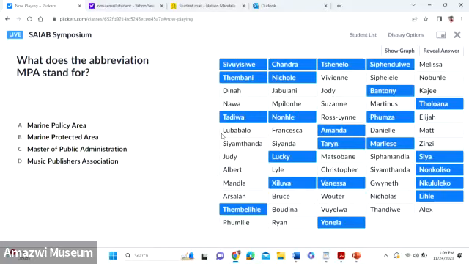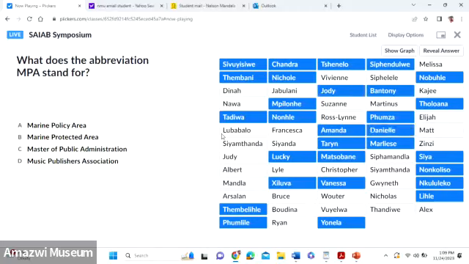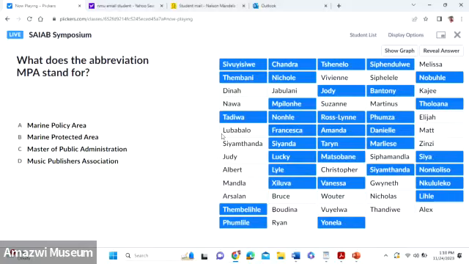Please make sure your hands are not on the diagram. So everyone's answer has been captured? Yeah.